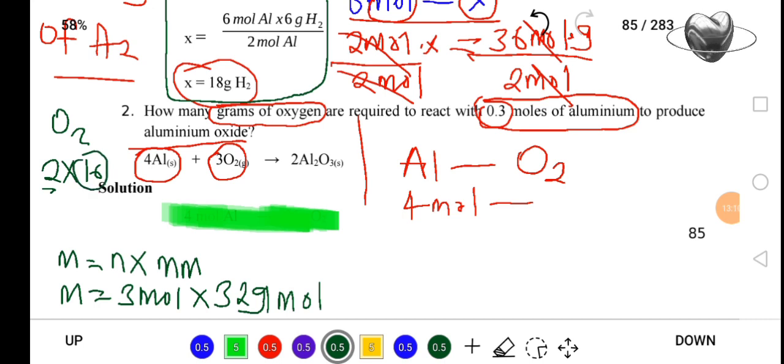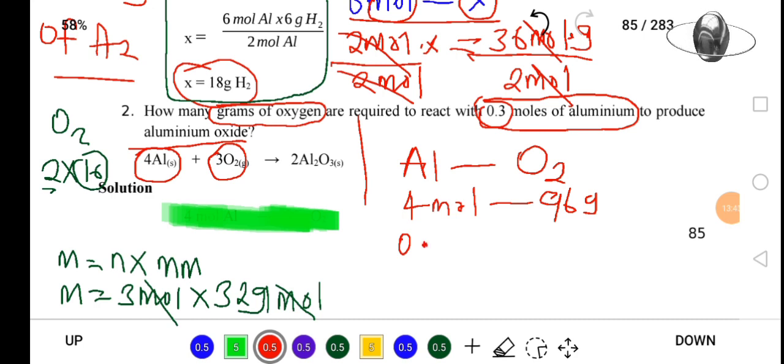So the mass of oxygen in this case will be 96. So we are going to say if we have 4 moles of aluminium, we are going to have 96 grams of oxygen. What if we have 0.3 moles of aluminium according to the equation?